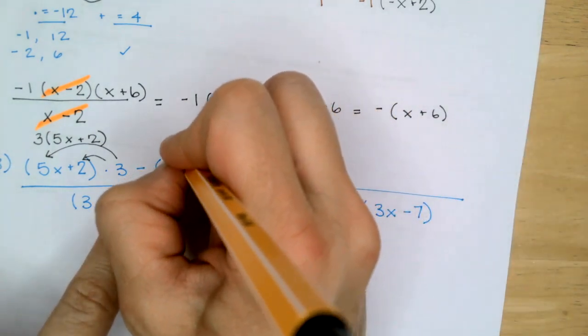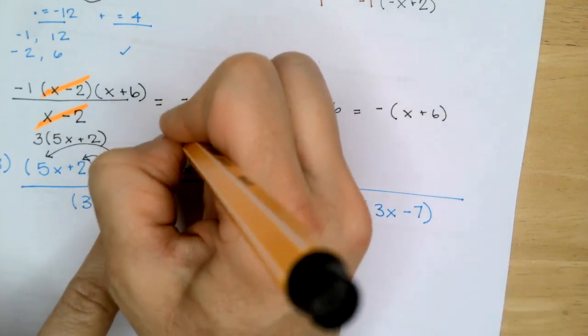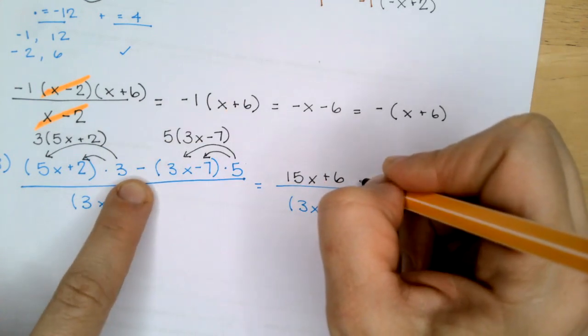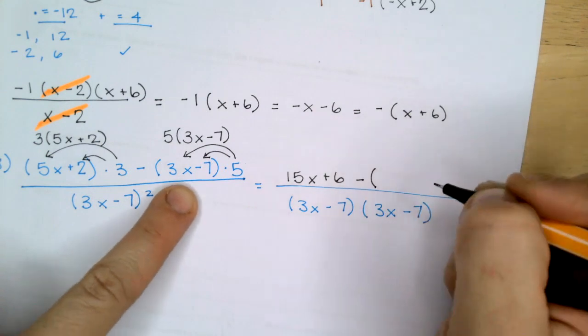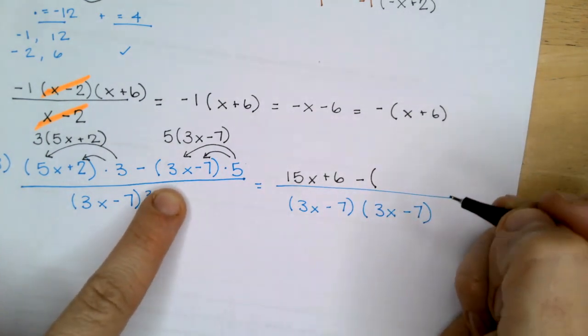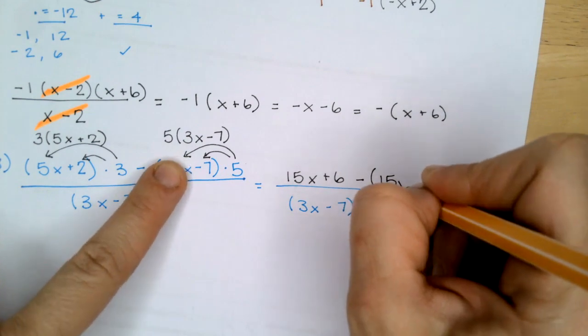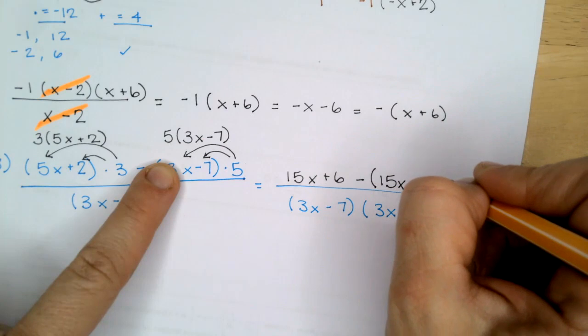The 5 is being multiplied to the 3x and the negative 7. So it's actually 5 times 3x minus 7. Remember, I'm just going to keep the minus sign and leave the parentheses because I don't want to do too much at once. So 5 times 3x is 15x. 5 times a negative 7 is a negative 35.